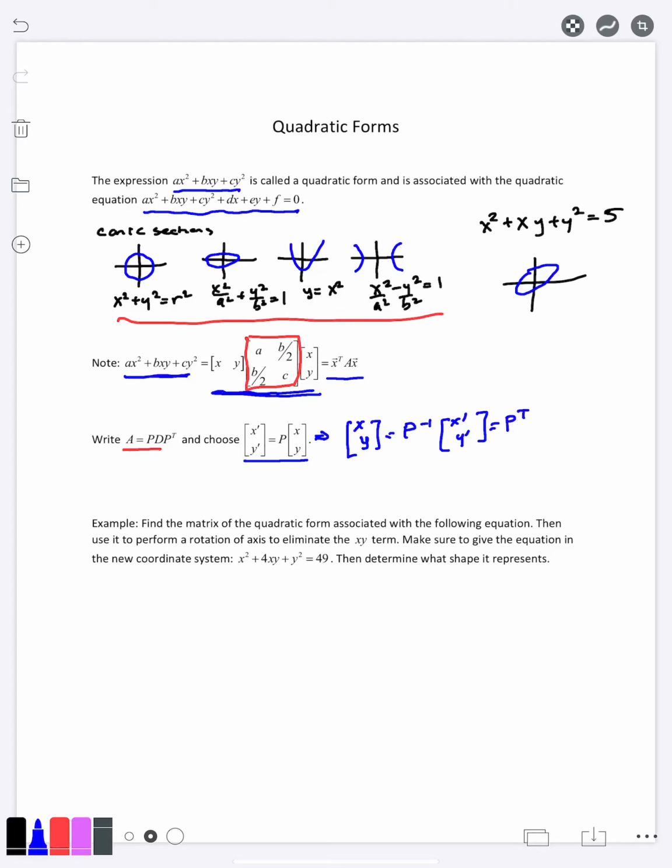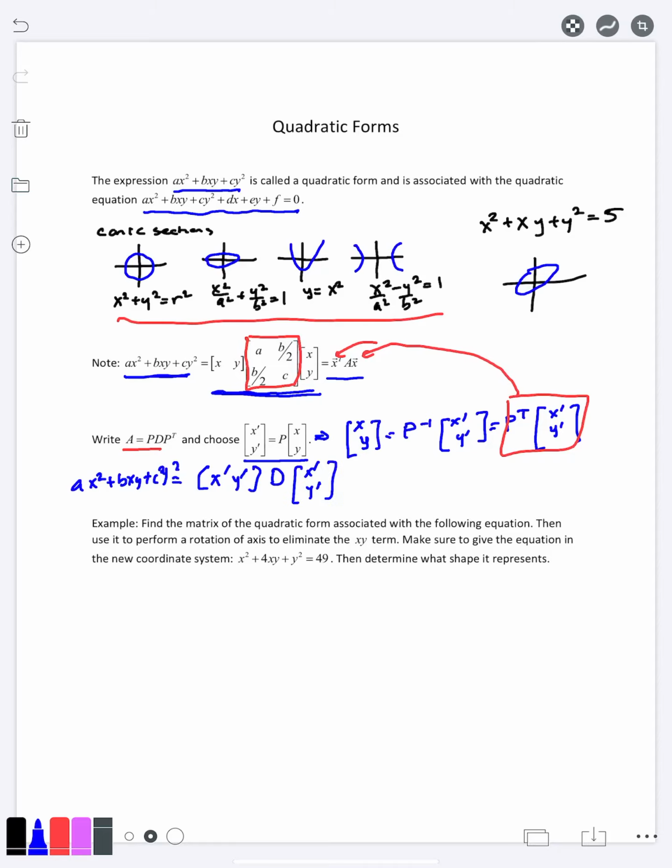And then remember that this is orthogonal, so the inverse is the same as the transpose. And if you were to take this and replace it in for the vector x here, what you're going to end up getting is ax squared plus bxy plus cy squared. It's going to be x prime y prime times the diagonal matrix times x prime y prime.